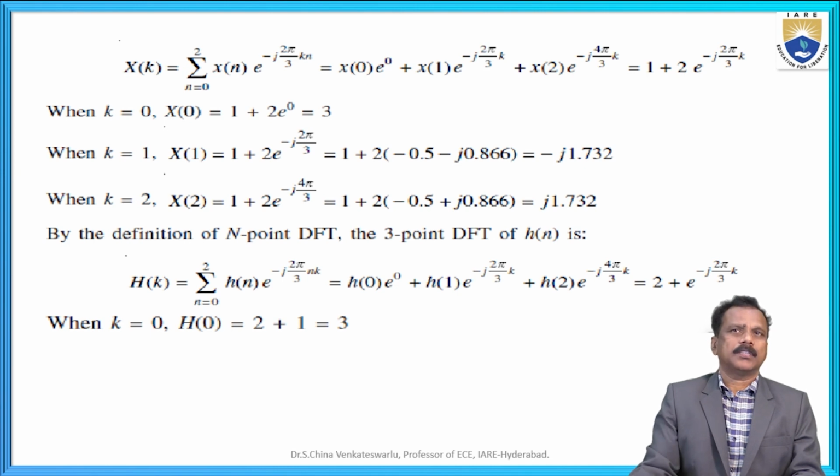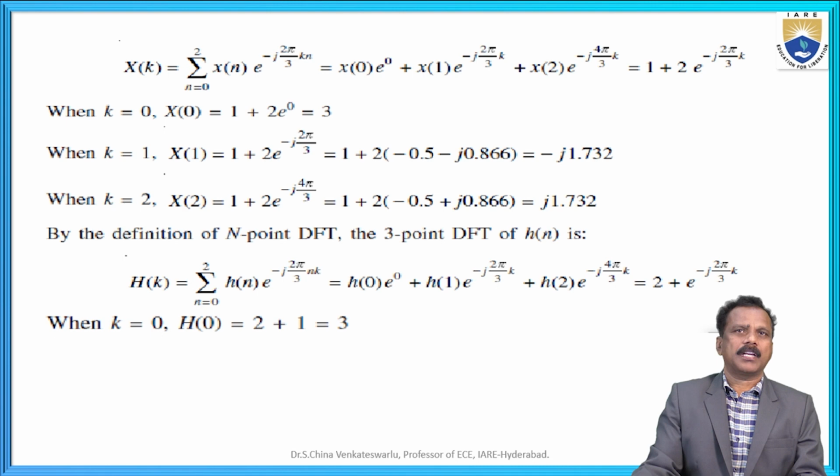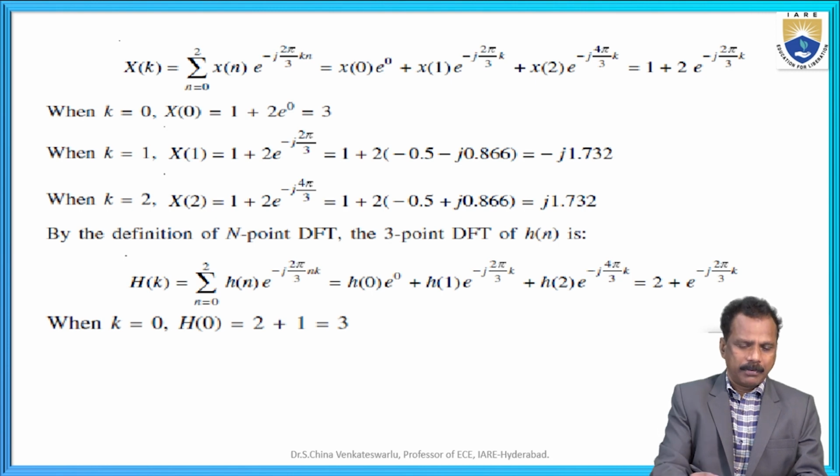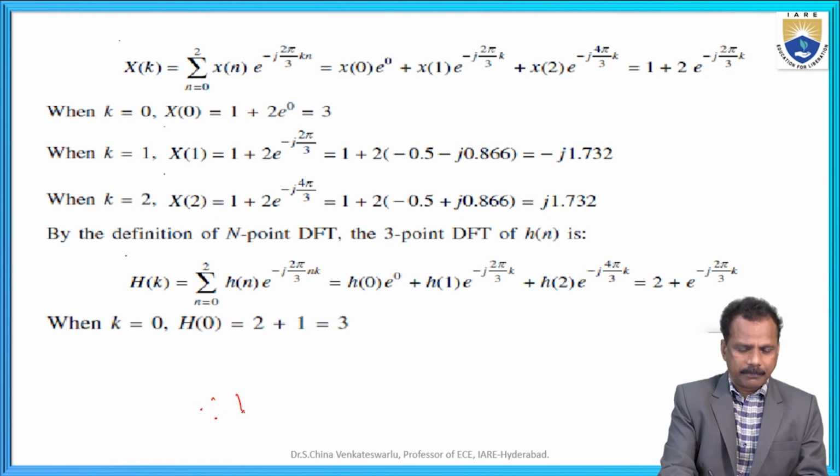Where x of k is equal to the summation for n equal to 0 to 2, according to your example, where the k value is specified. Before that, we know that capital N is decided.